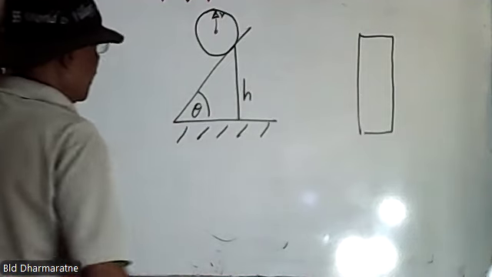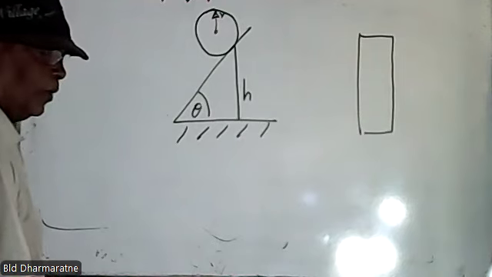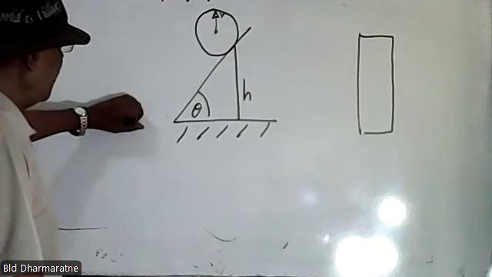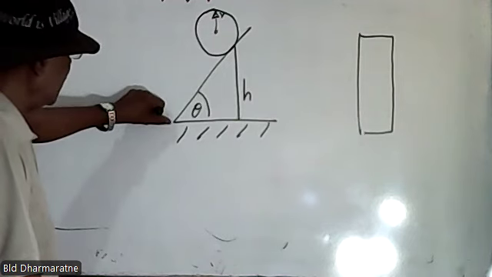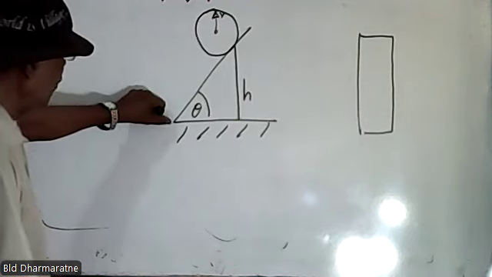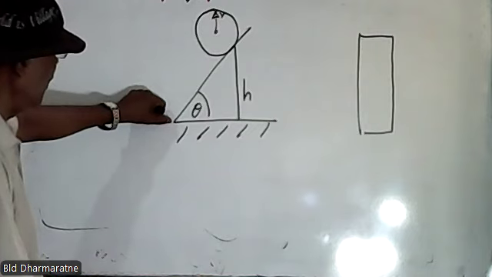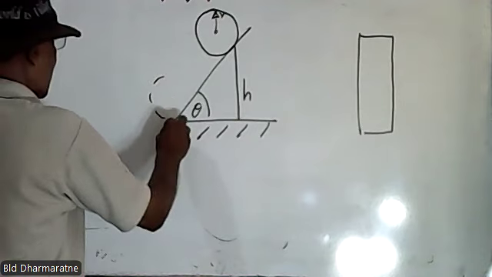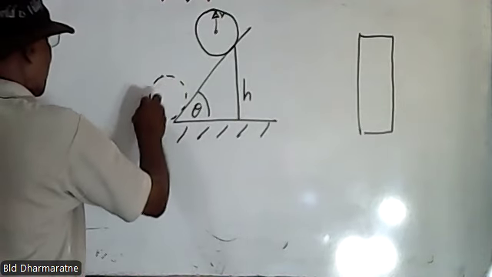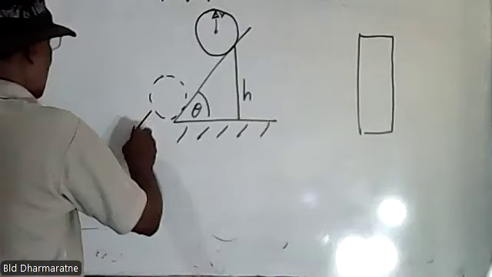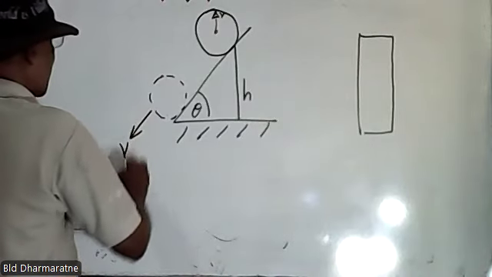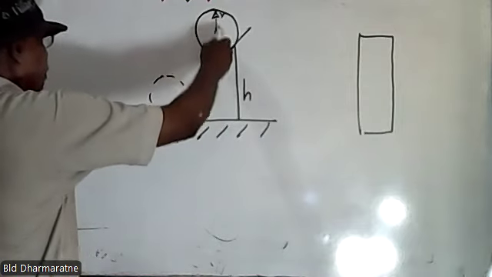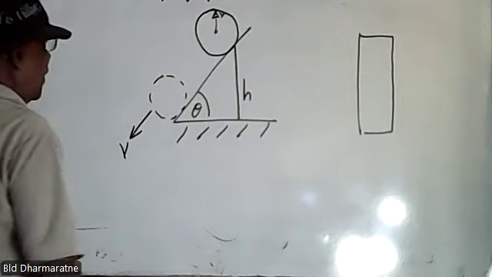What is the velocity? If we need to find out the velocity at the downward end position, we draw the diagram like this, velocity V. It is rolling and coming to here, right?